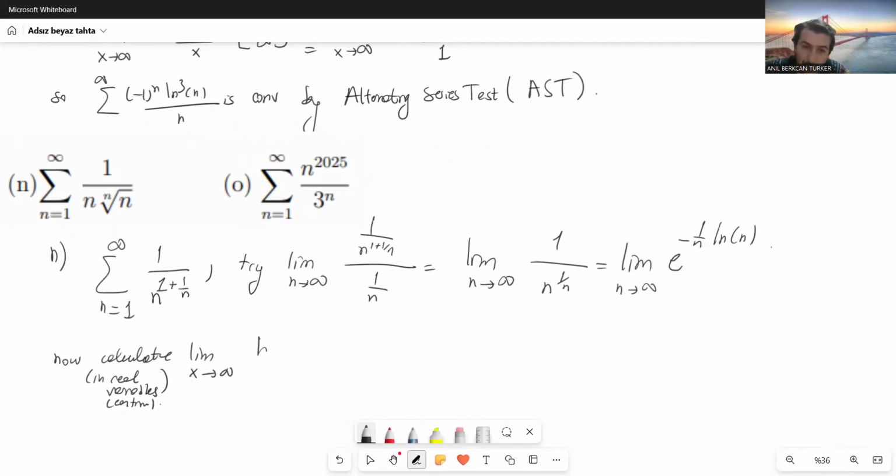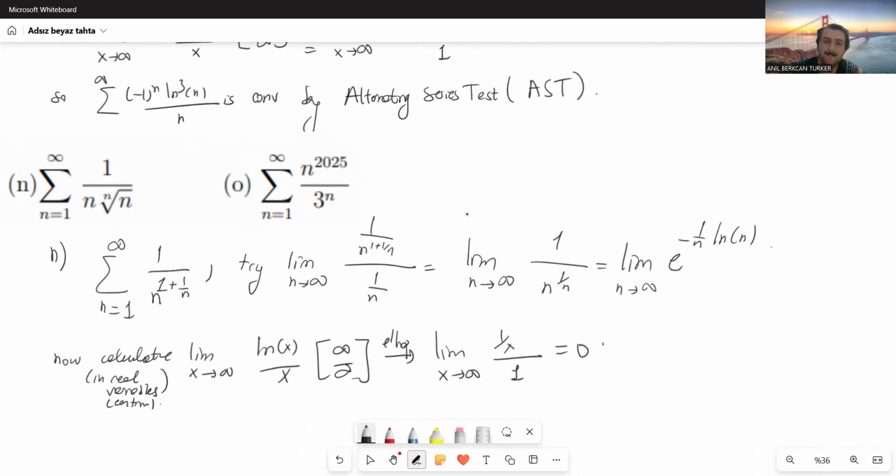Now, ln x over x is infinity over infinity. You should probably know this limit. It will be 0. Anyway, let me calculate anyways. 1 over x over 1, which is 0. So this limit is equal to e to the power minus 0, right?